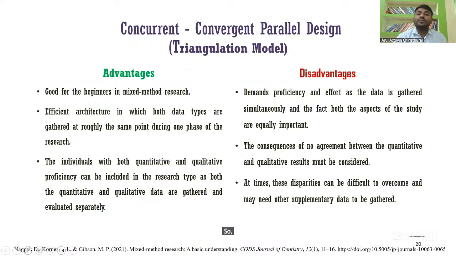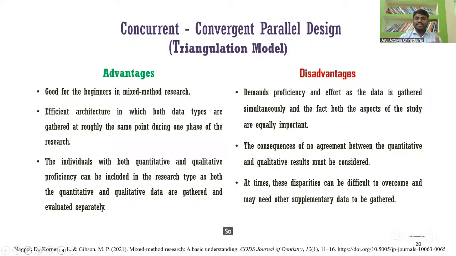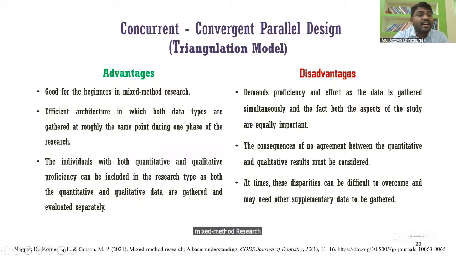So what are the advantages and disadvantages of the concurrent, convergent, parallel design, also called the triangulation model? When we began with this method, I told you it's good for beginners in mixed method research. It is an efficient design in which both data types are gathered at roughly the same time, in one phase of the research.